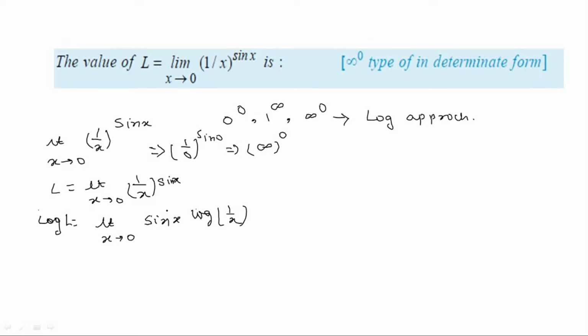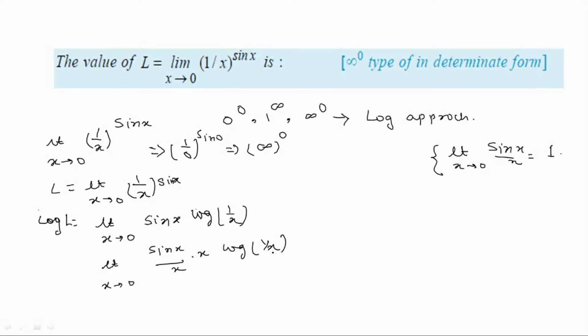As we already remember, one limit is the limit as x tends to 0 of sin x upon x equal to 1. So here, if we divide by x and multiply by x, we get the limit as x tends to 0 of (sin x upon x) into x log 1 by x.